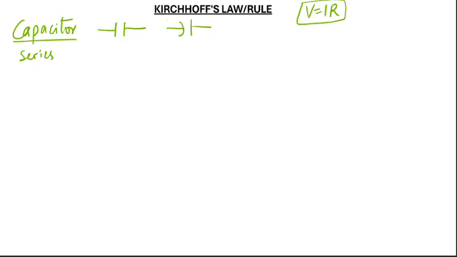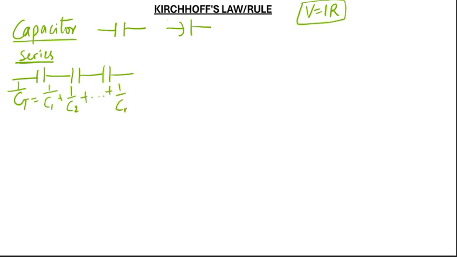If you connect capacitors in series, it's the same connection like this, but the calculation is quite different. The calculation for series capacitors is just the reverse of the resistor. If you want to calculate the total, 1 over the total capacitance is 1 over C1 plus 1 over C2 plus all the way to 1 over Cn, up to the number of capacitors we have in series.